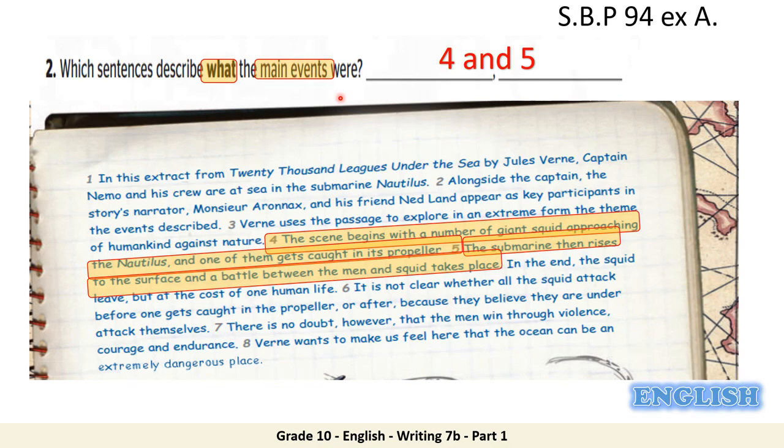Think for a while. Are there any events here in the summary which weren't mentioned in the extract of the story? That's correct. So, when we mention the main events in a summary, we only focus on the main events that were mentioned in the extract without adding more details.